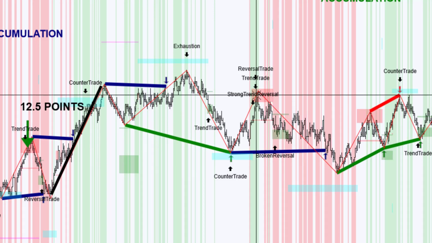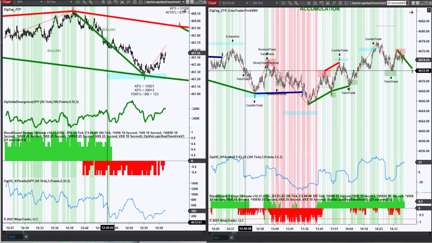Now, the problem that the trader would have had, and this is what you would be considering as your risk and reward, is that at this point, the VIX was still with us and we were being given a SPY divergence buy signal at this trend trade.